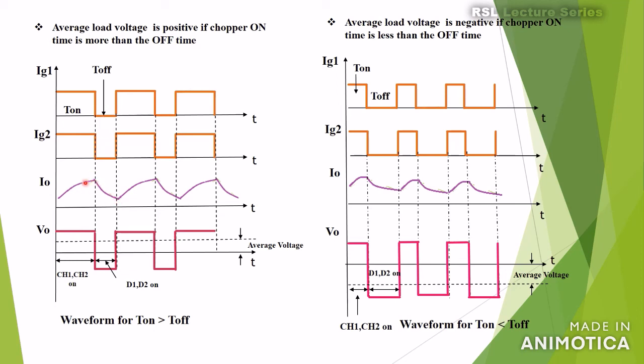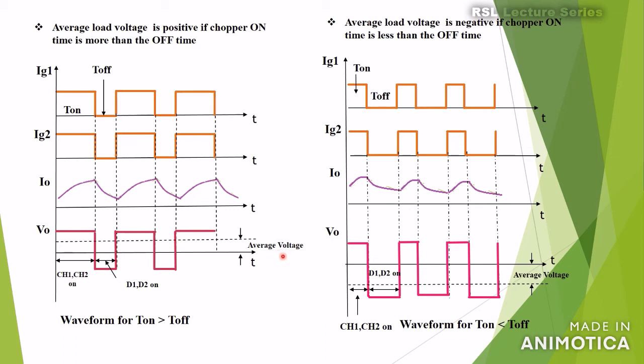That is, the load current will flow through the diodes D1 and D2. When the diodes are conducting, the load voltage will be equal to minus Vs. Here, since T on is more, the positive voltage will appear across the load for a longer interval of time when compared to the negative voltage. So the average voltage will be positive.